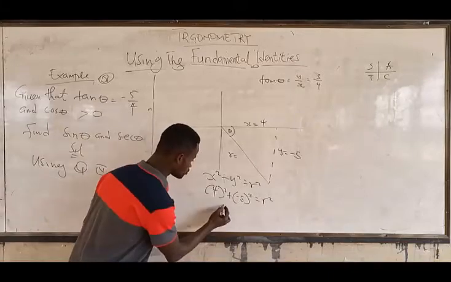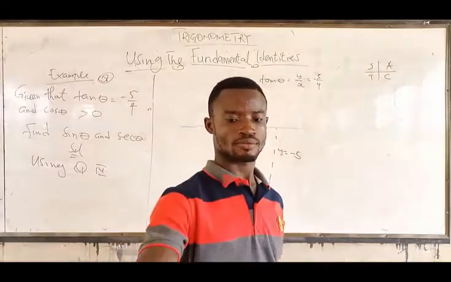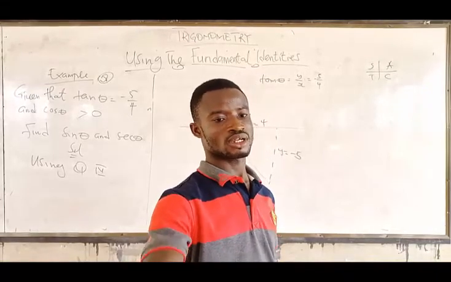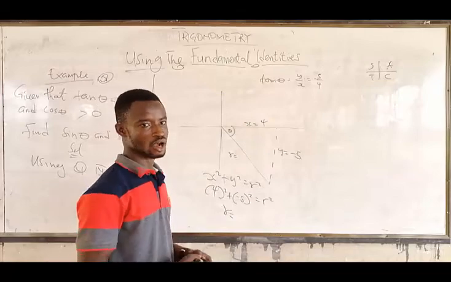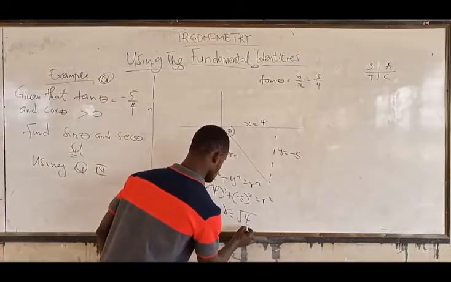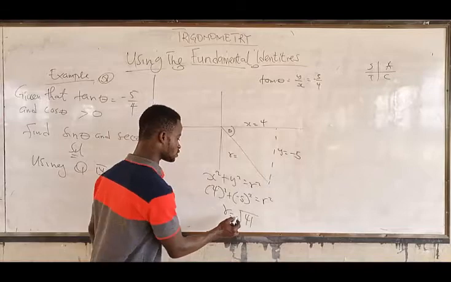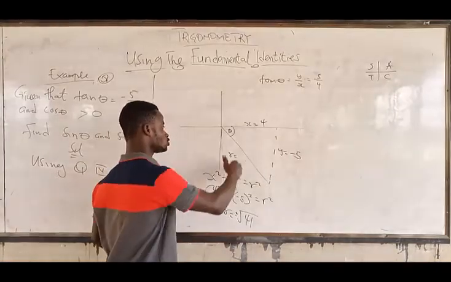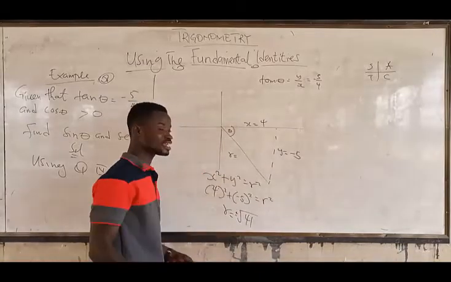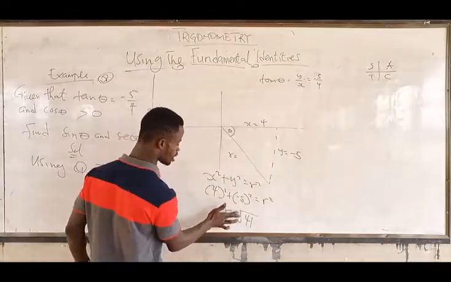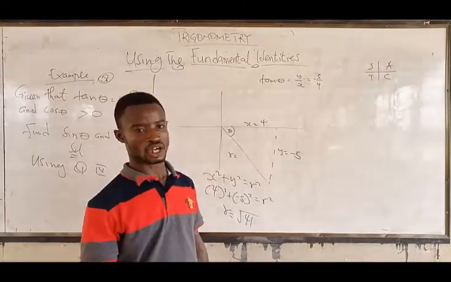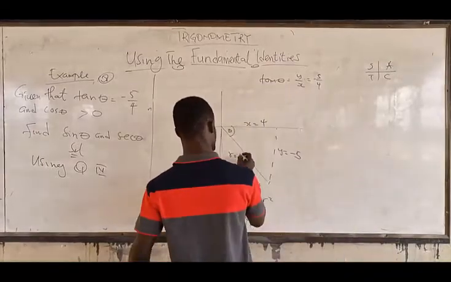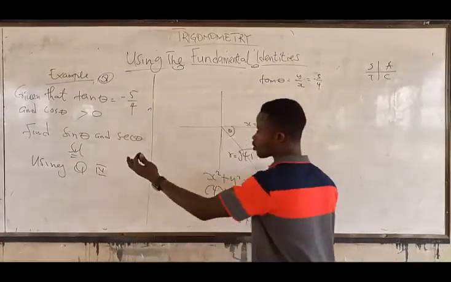So when you solve, you get r to be equal to square root of 41. But don't forget, it could be plus or minus. Then you go and check. You know that r is a radius, and distance cannot be negative, so it's rather positive. So r is equal to square root of 41.